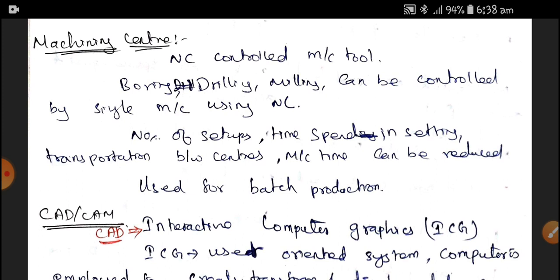And these machining centers are used for batch production. Batch production means a decent amount of volume as well as a decent variety of parts can be manufactured. More variety and more parts can be manufactured. So that is the purpose of machining centers.